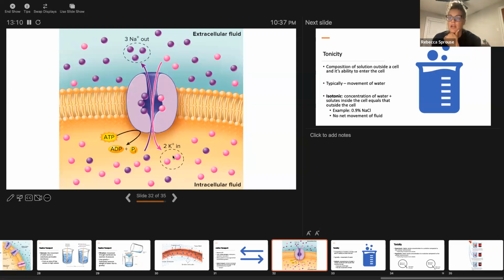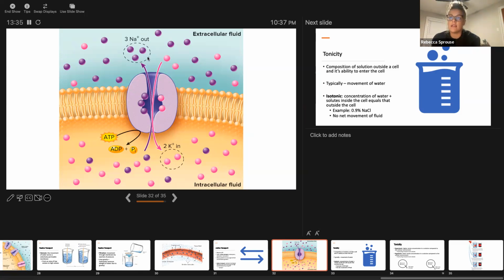Now, these arrows are drawing the movement in the opposite direction because this is showing the active transport that resets the cell membrane. Again, naturally, things are going to want to move with their gradient. After that muscle contraction happens, in order to generate the next muscle contraction, we have to reset those ions to their respective sides of the cell that they started on.